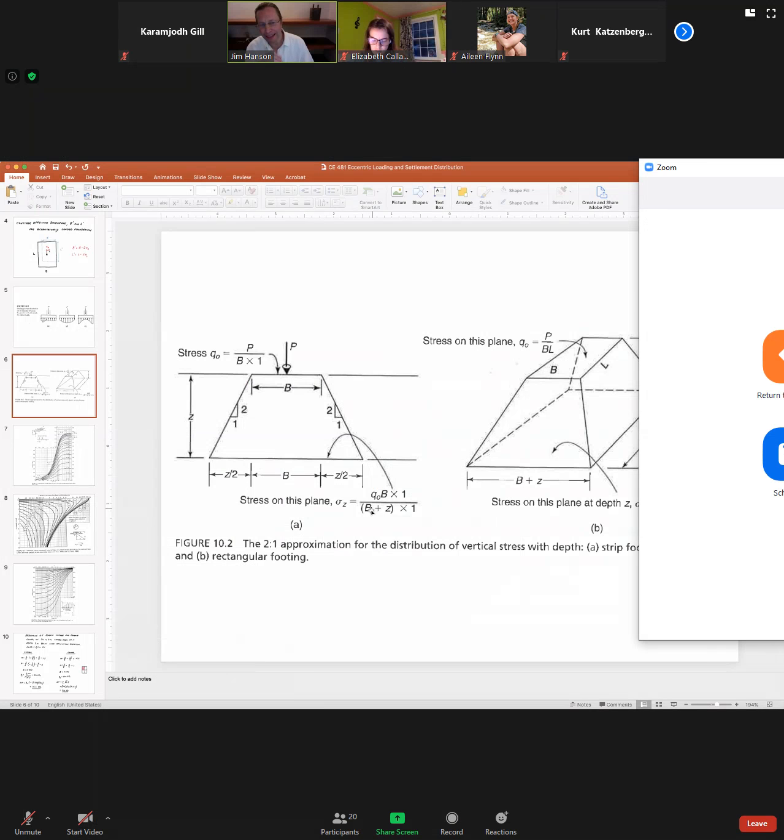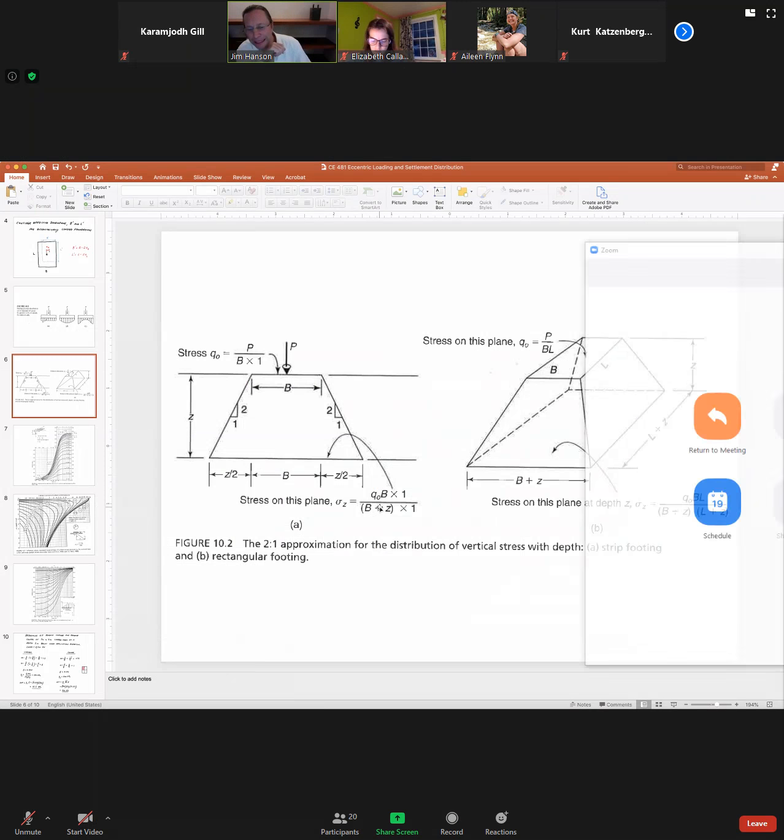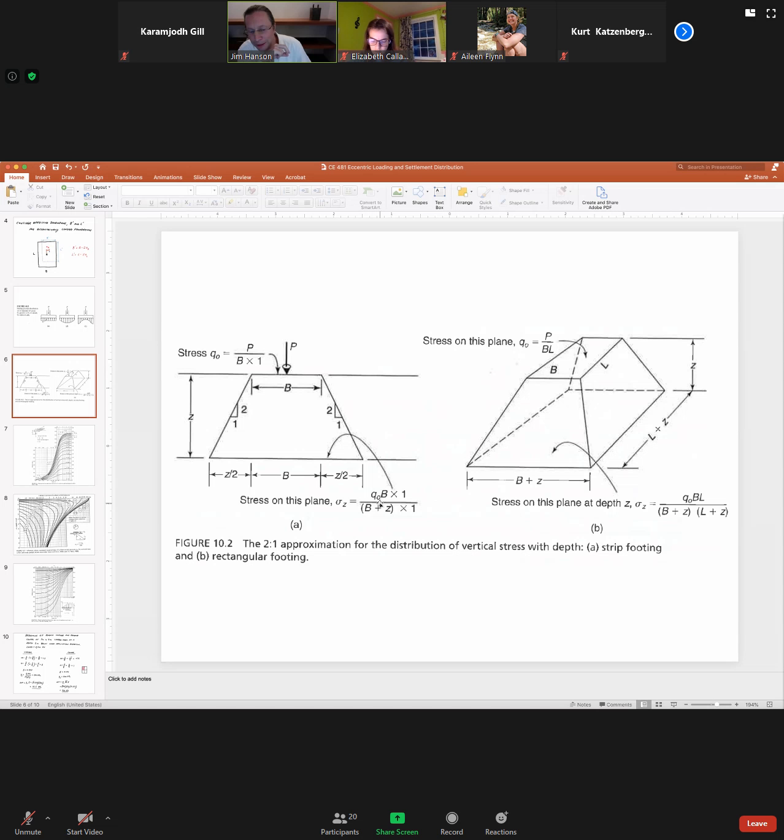Something that is not cleanly shown in this, which I think is worth mentioning at least, is the fact that the stress acting at the surface is going to be load over area. That shouldn't be a big surprise at this stage, load over area. And the stress acting at depth is that same load over a new area.